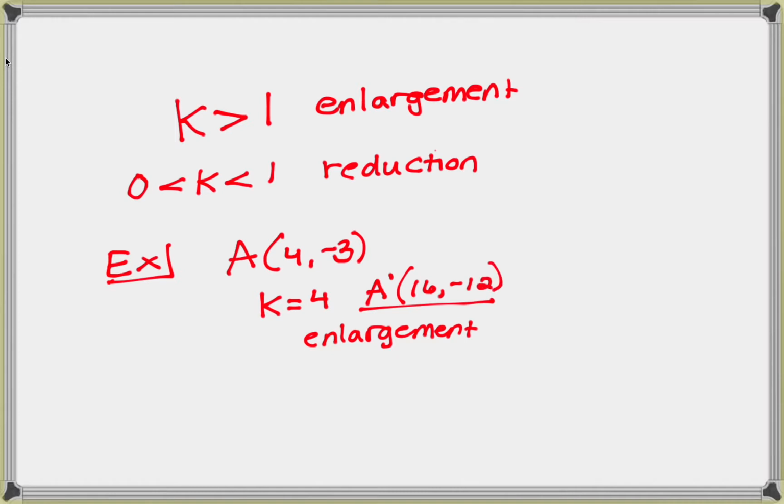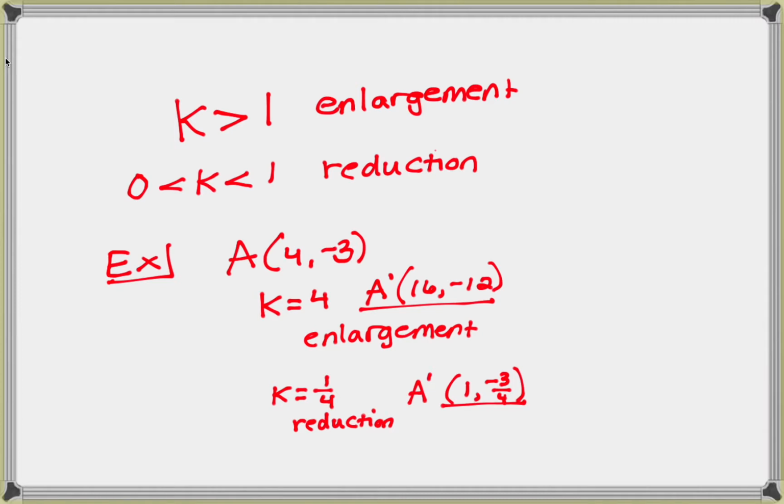So that would be your image of A, and it would be an enlargement. If my K was 1/4, then it would be a reduction, right? And my image of A would be 1/4 of 4, or 4 divided by 4 is 1. 1/4 of negative 3 is just negative 3/4, and that would be your new ordered pair.